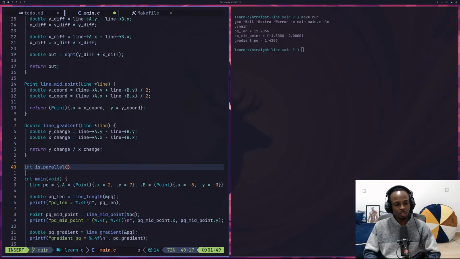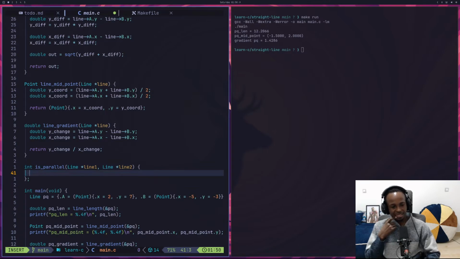Yeah, that's good enough. So this function will take two lines. So I have a reference to the first line, I'm actually going to call it line 1, and then I have another reference to line 2.